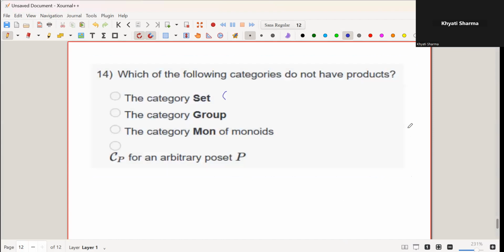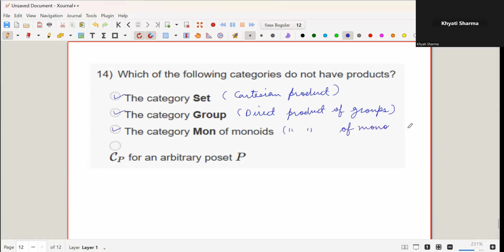So it has Cartesian product, that is the product that satisfies the condition of product, and it has direct product of groups, so that will satisfy it, and here you have direct product of monoids. So the only option that is left is CP for an arbitrary poset.